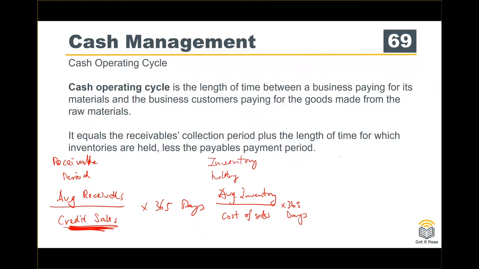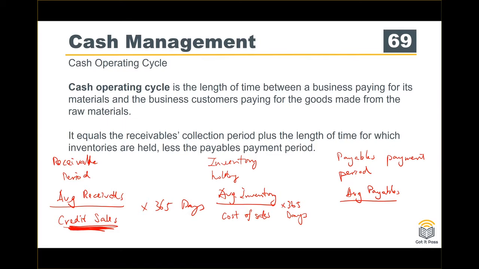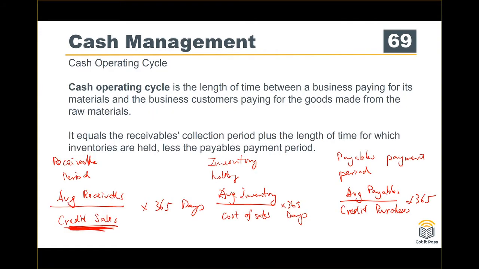And for the payables payment period, it is the average payables divided by the credit purchase, times 365 days. So here is the formula for each item.